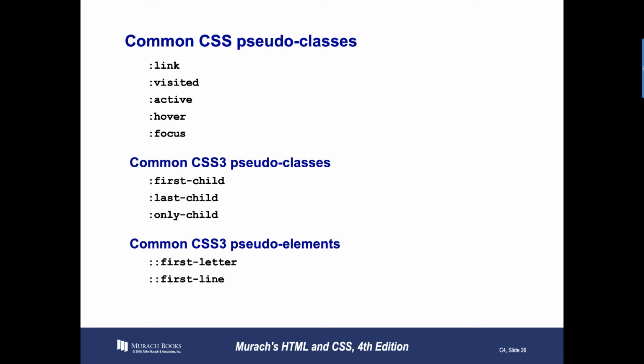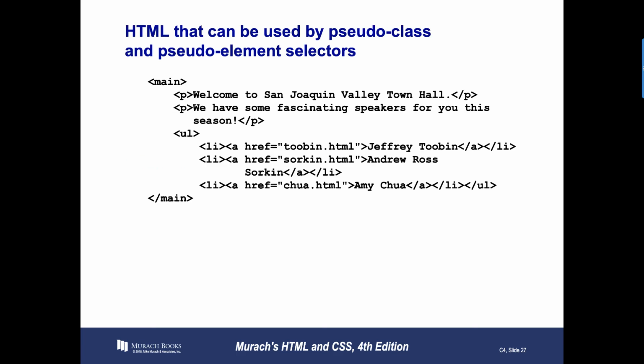And we'll do more of this as we get more advanced. And then you can actually do these pseudo-element things where you could make the first letter of a paragraph have a certain, like, uppercase or something like that, or the entire first line of a paragraph. Pretty amazing stuff, all right?